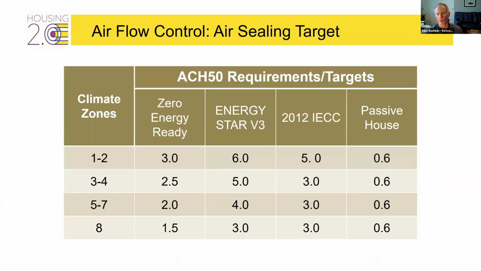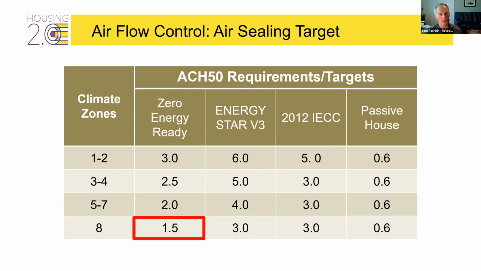On air sealing, there are lots of different targets that are given for different programs: Zero Energy Ready Home, Energy Star version 3, version 1, the codes themselves. Passive House has various levels for ACH 50 requirements. Let me just keep it simple. Everyone in all climates should be at least 1.5 air changes per hour. Just make that your target.